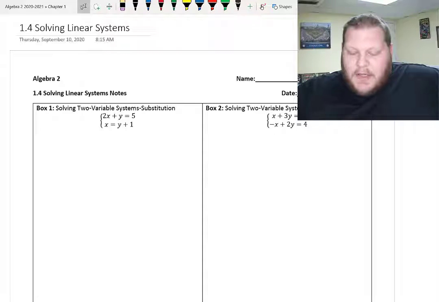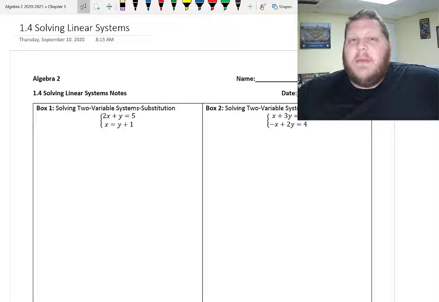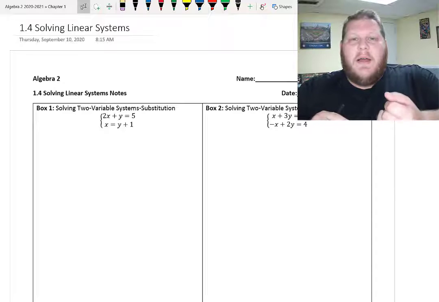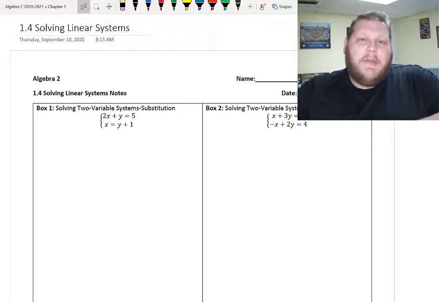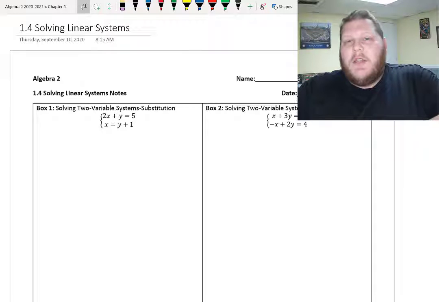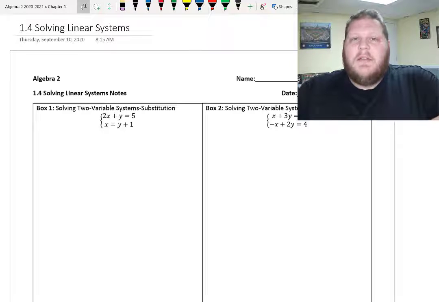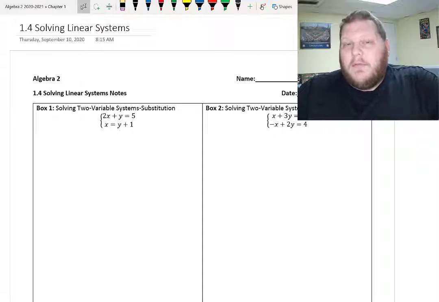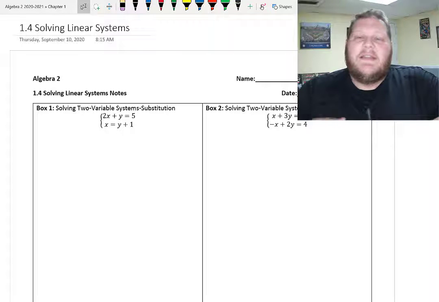So just as a reminder, we do have three different methods that we learned in Algebra 1 for how we can solve a system of equations. And that was solved by substitution, solved by elimination, and then solved by graphing. Remember, for a system of equations, the important thing to remember is that the variables in both of your equations, or once we get on the back side of our notes today, all of our variables, they represent the same thing in each of those equations.